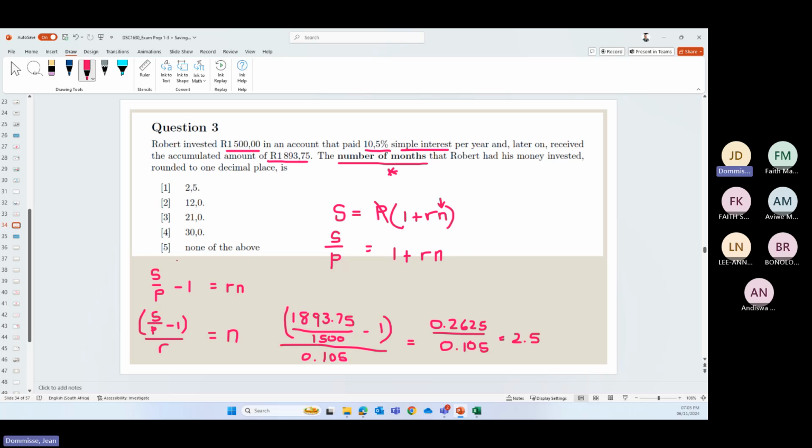Okay, so now suddenly we see, there's 2.5. So that is 2.5 years.